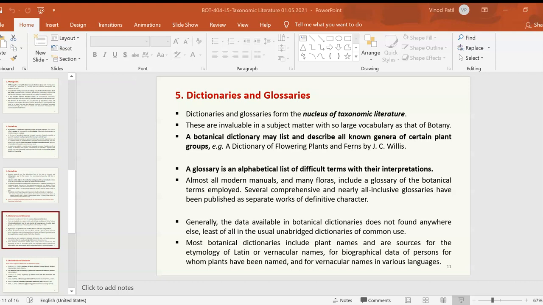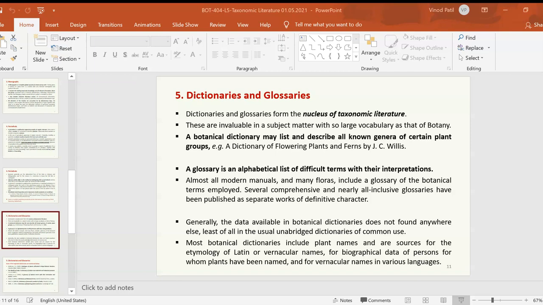Few are very common, but few will be new to us. So at that time, we should have a dictionary with us, a dictionary of botany. So this will be from the nucleus.